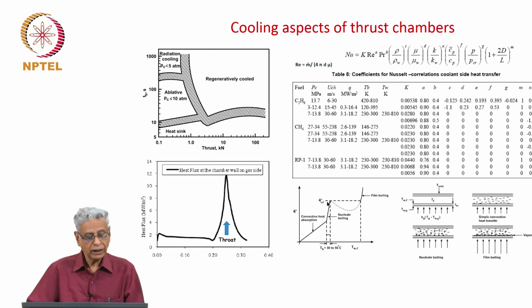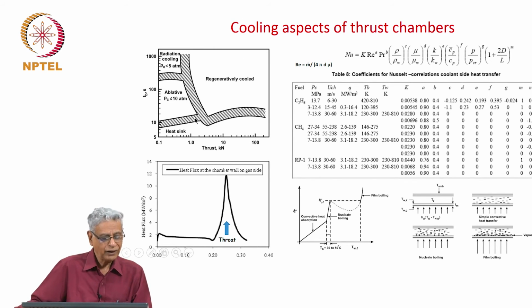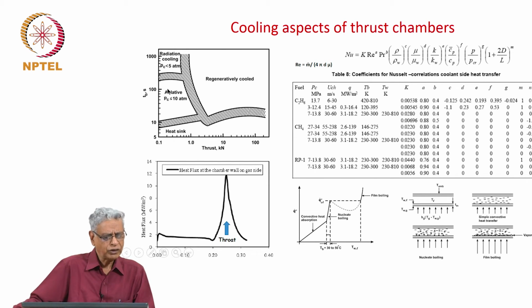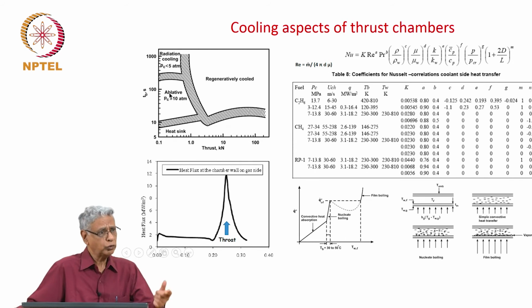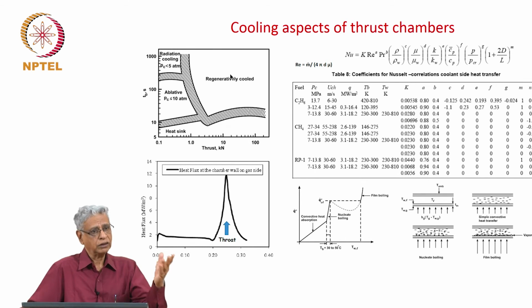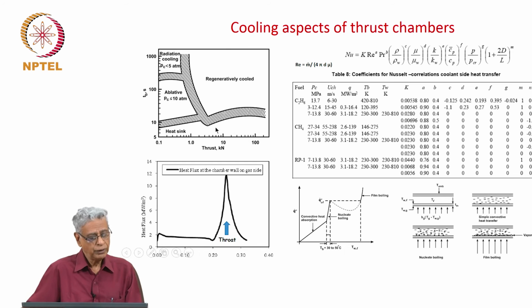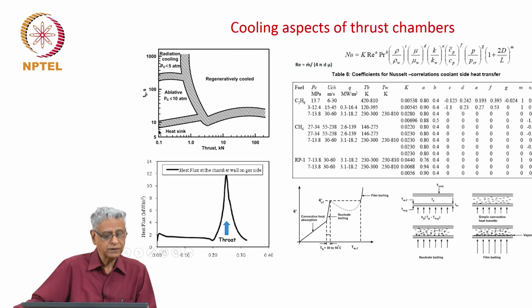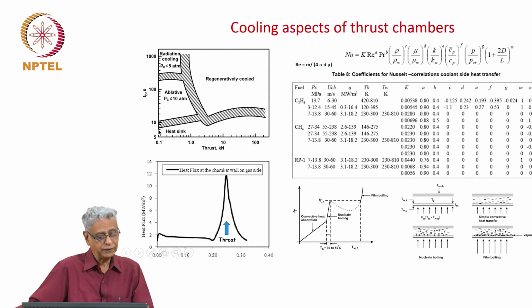Cooling is an important element in all such liquid engines, and you can do a simple analysis. You have a choice of ablative cooling as you saw in the gas engine. You can use regeneratively cooled systems as used in other engines of LOX kerosene or LOX hydrogen, and you can use simply a heat sink for short durations or small thrusts as it happens in monopropellant systems.